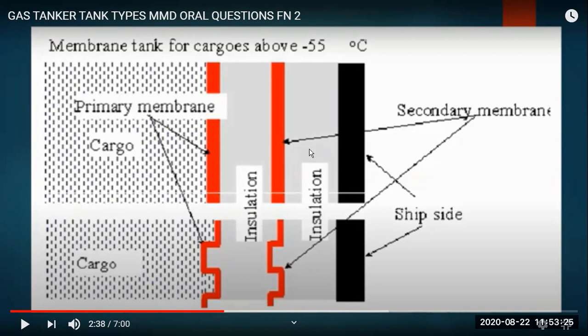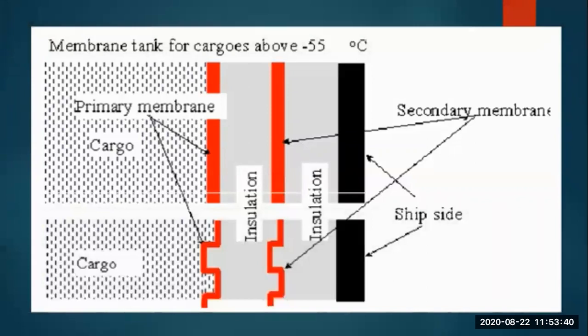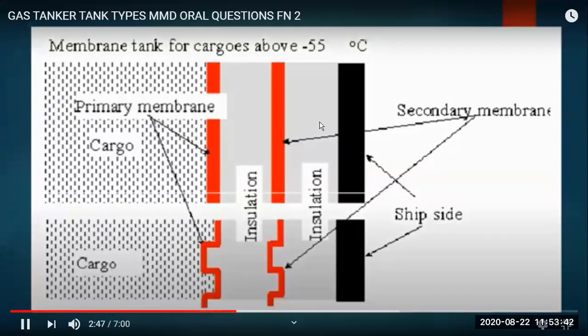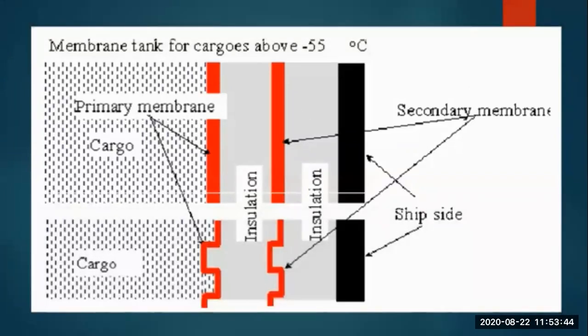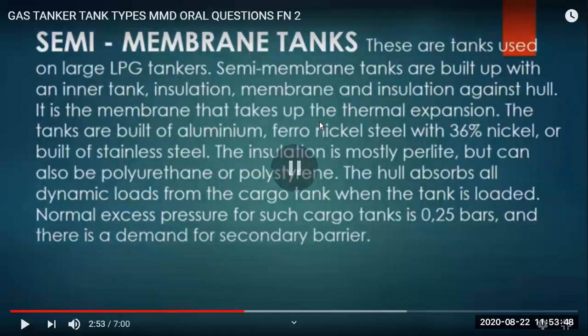Then you have the ship side or hull, and in between this also you have perlite or polyurethane foam insulation. So for cargos more negative than minus 55 degrees centigrade we can also load them in this tank.